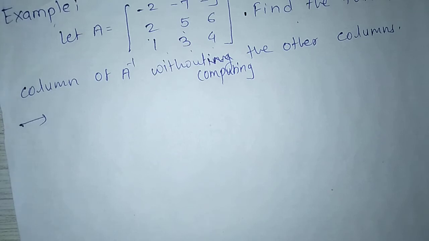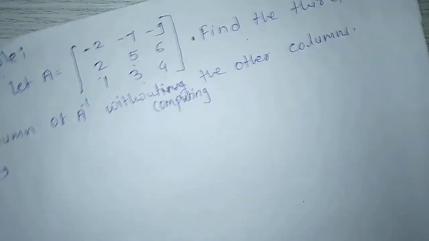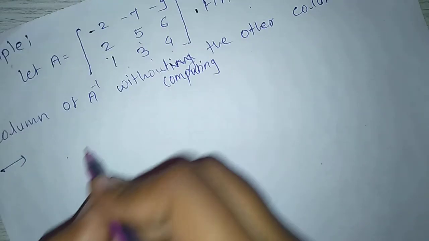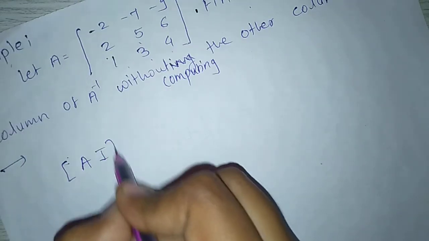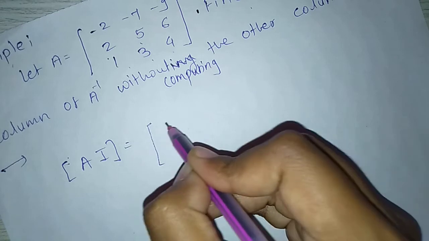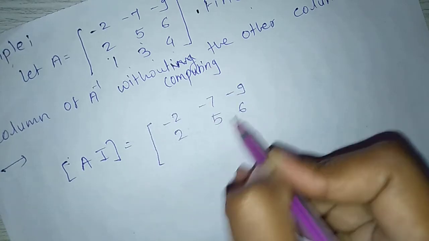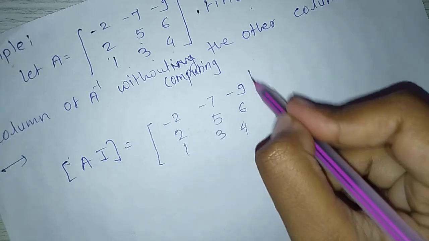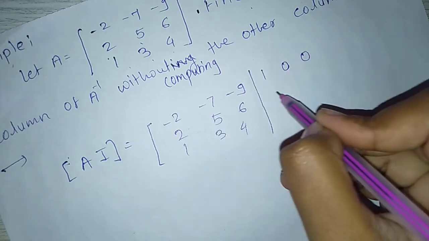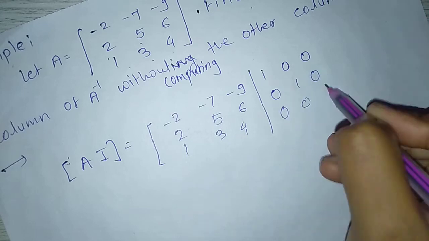First, consider the augmented matrix [A | I], which is equal to minus 2 minus 7 minus 9, 2 5 6, 1 3 4, and 1 0 0, 0 1 0, 0 0 1.